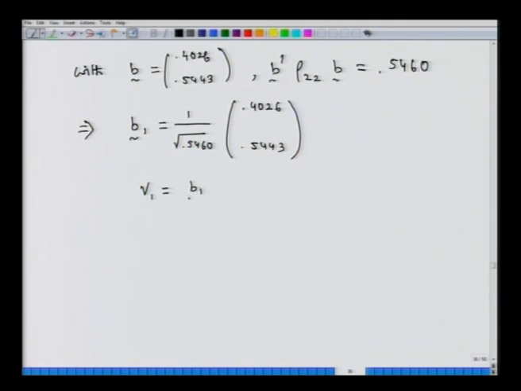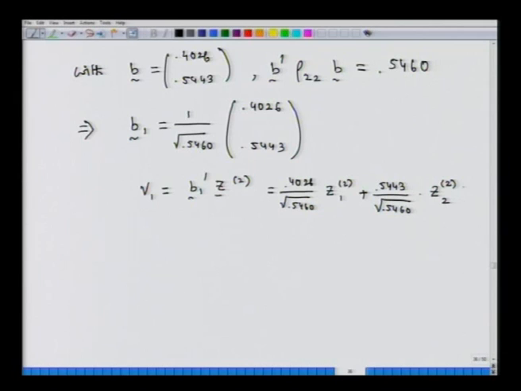Hence V1, the first component there, is B1 transpose times the Z2 vector, that is going to be equal to 0.4026 divided by the square root of 0.5460, multiplied by the first component of the second set Z2, plus 0.5443 divided by the square root of 0.5460, multiplied by the second component of Z2.